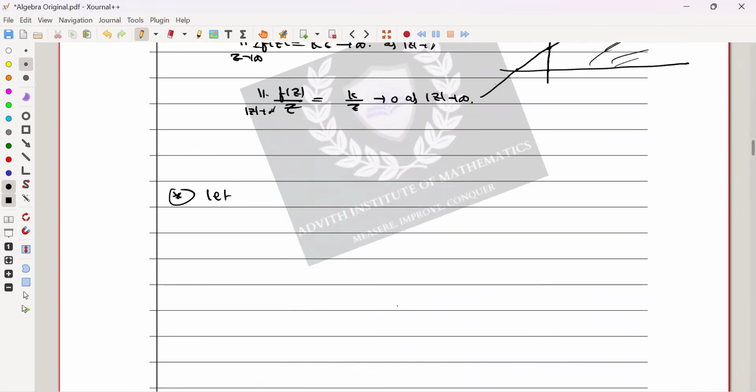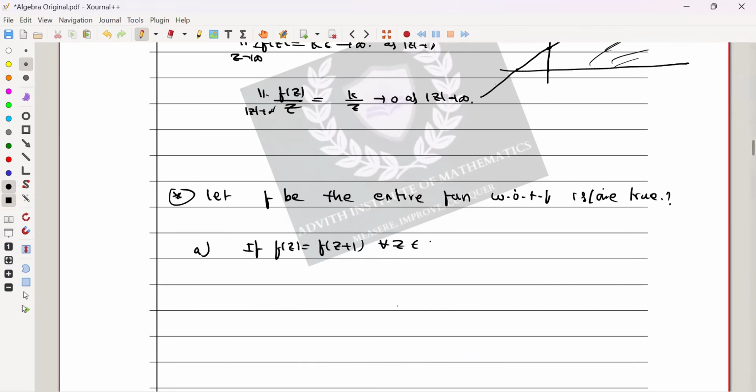Let f be an entire function. Then which one of the following is true? Options are: A, if f of z is equal to f of z plus 1 for all z belongs to C, then f is constant.